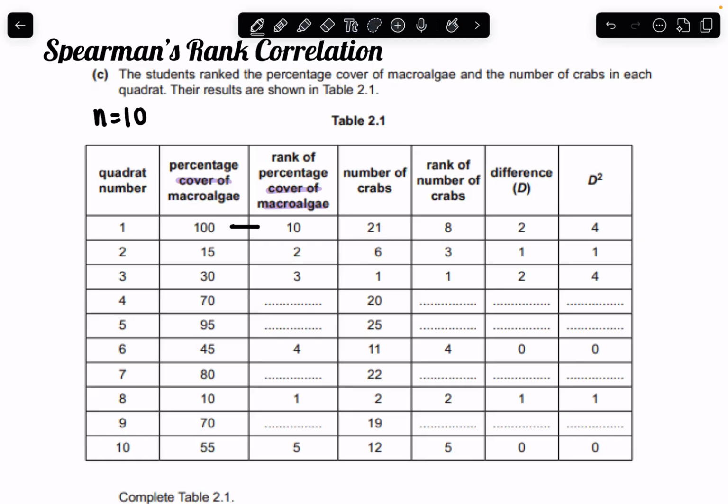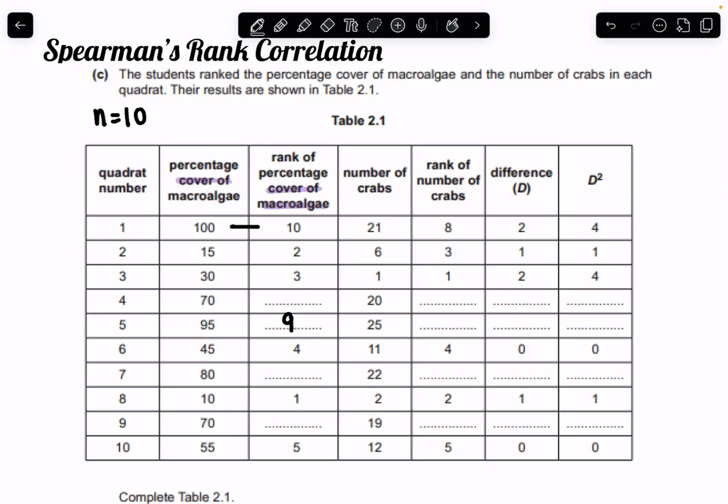They have 100 ranked at 10. We're missing 9, 8, 7, and 6. So the next thing we need to figure out is after 100, what comes before 100 that we can rank as 9? Looks like that's going to be 95.